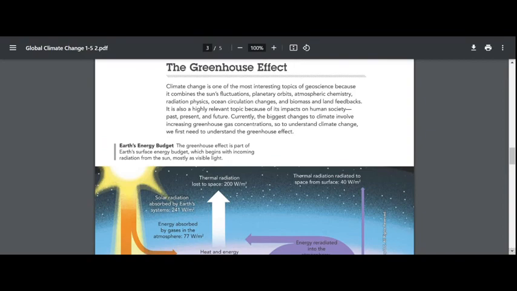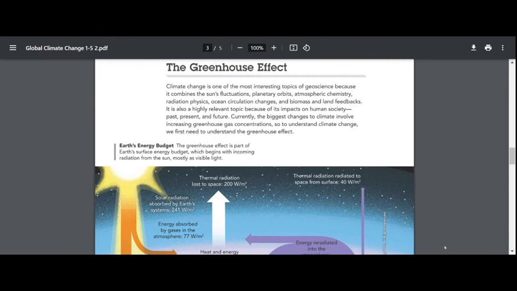It is also a highly relevant topic because of its impacts on human society, past, present, and future. Currently, the biggest changes to climate involve increasing greenhouse gas concentrations. So to understand climate change, we first need to understand the greenhouse effect.